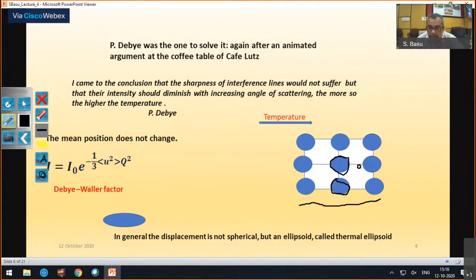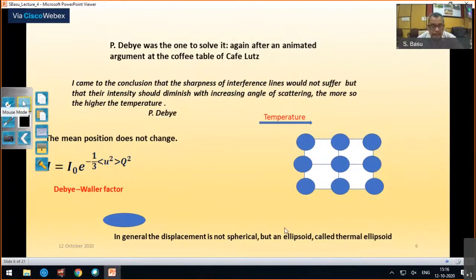Because the higher the temperature, the larger is the size of this vibration. You can consider that a lattice is smaller, as if its average size has increased as you go to higher and higher temperature. And that gives this form factor.